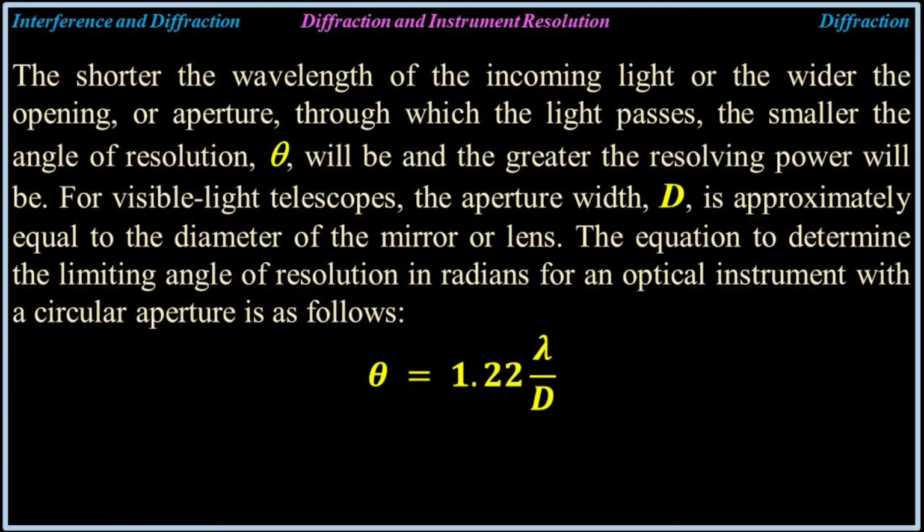The equation to determine the limiting angle of resolution in radians for an optical instrument with a circular aperture is as follows: theta equals 1.22 lambda over d.